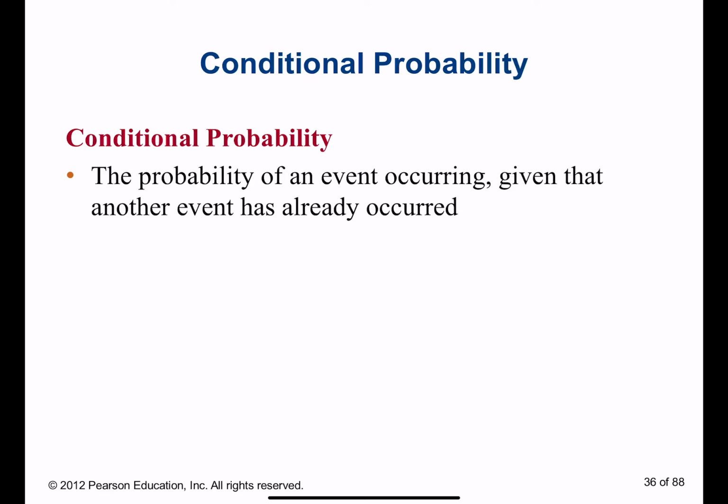So conditional probability is the probability of an event that will occur if another event has already occurred. For example, a rainbow will happen only when rain happens, right? We have here conditional probability. Or let's say, what's another case?